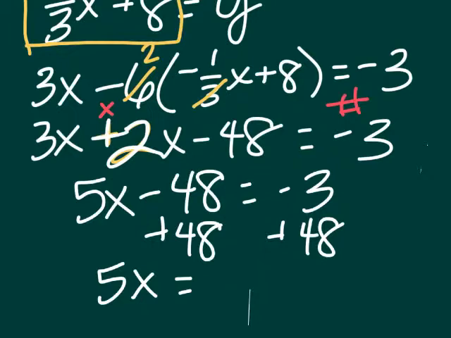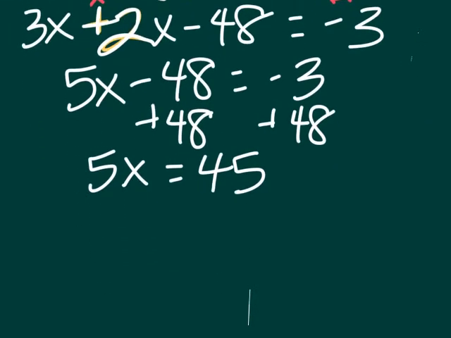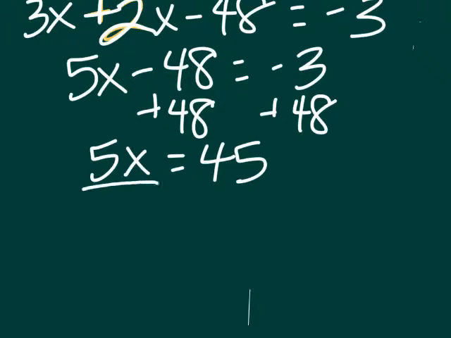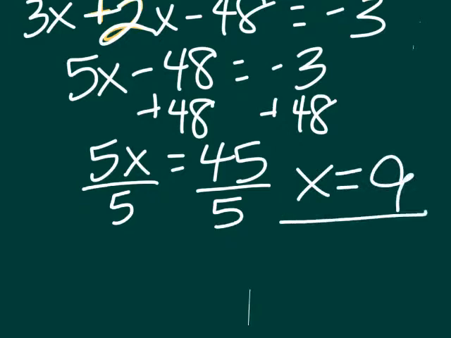What's 48 minus 3? 45. Good. Divide both sides by 5. So what does my x equal? 9. Beautiful. Good. And a cheer goes up from the crowd.